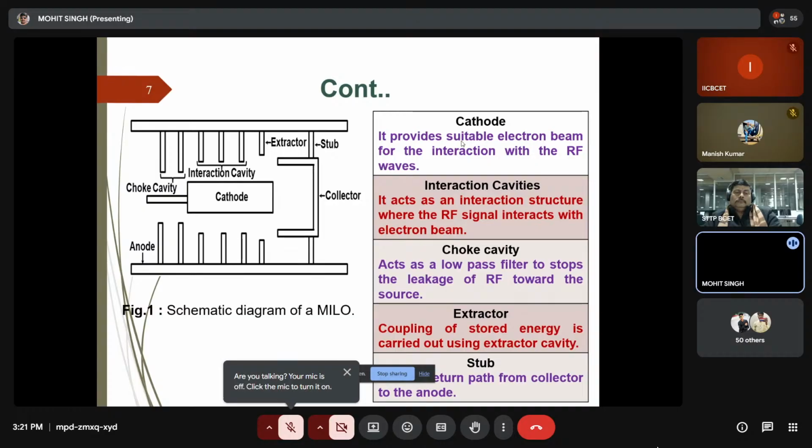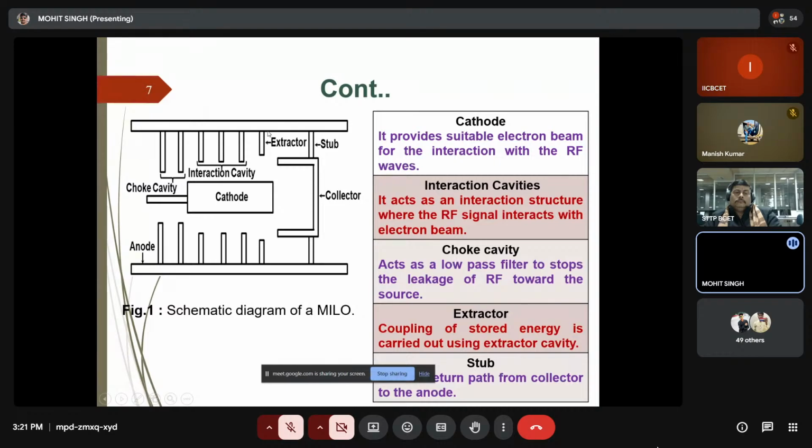Now, what is the cathode? For any high power microwave source, we need a source which can generate electrons, plasma, which can generate an electron beam. And that source is our cathode.